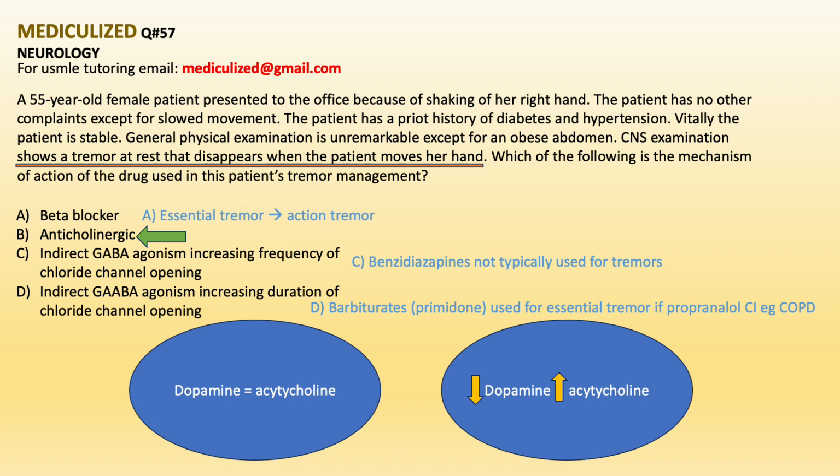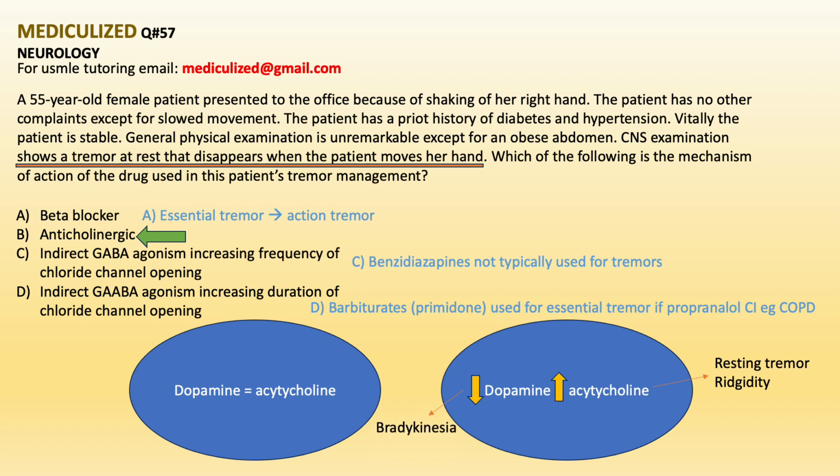It's just a relative increase. Some features of Parkinson's are because of increased acetylcholine, and some are because of decreased dopamine. The features due to increased acetylcholine are the resting tremor, the pill rolling tremor, and the rigidity. And the main feature because of low dopamine in Parkinson patients is the bradykinesia.